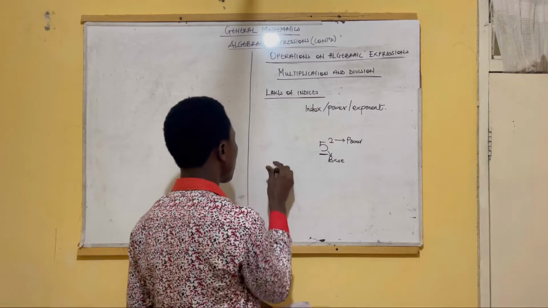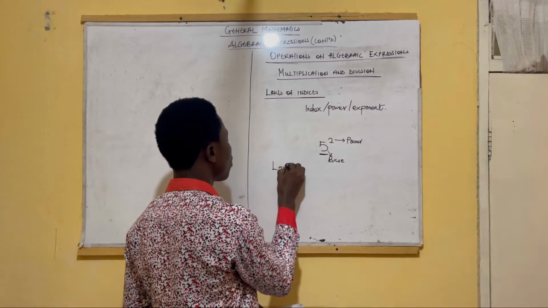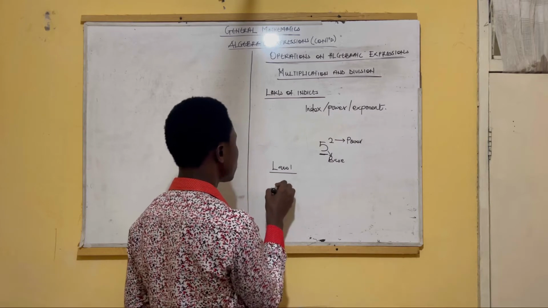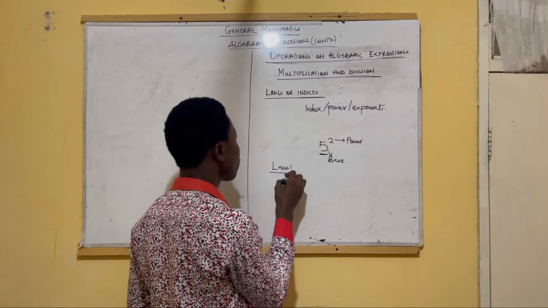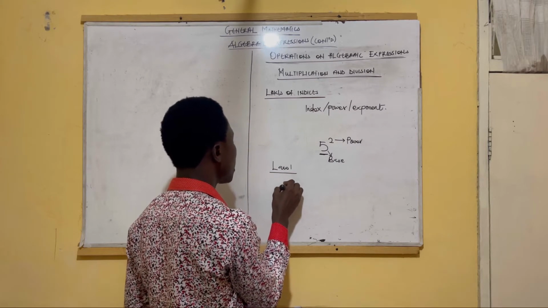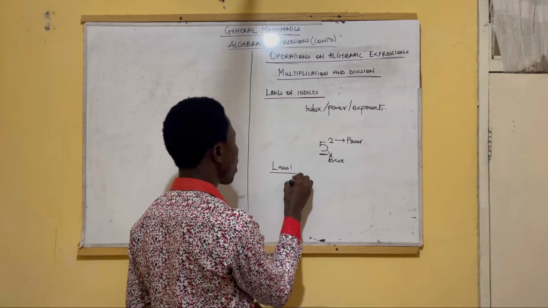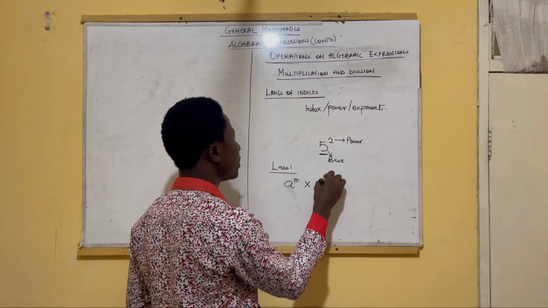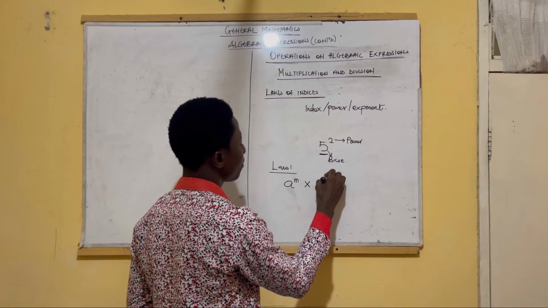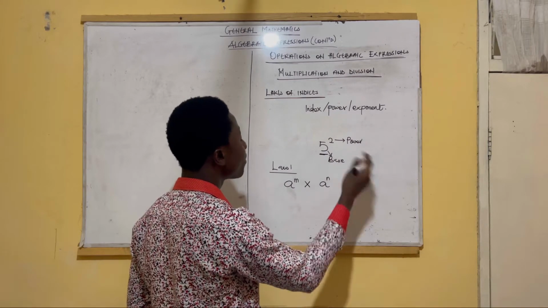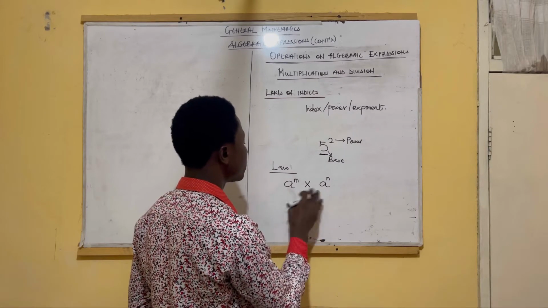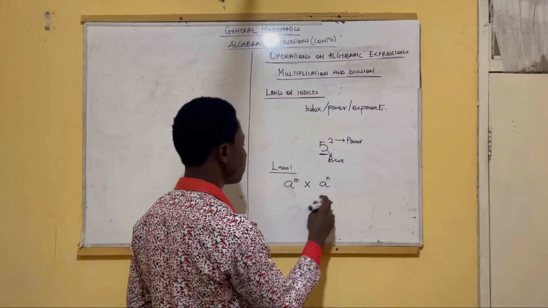All right, so law 1. I want you to know this before we can even move into the multiplication. Law 1 of indices states that when you have a number, say A, with a power, multiplying the same number, with the same power or a different one, what matters to us is that the bases are the same.